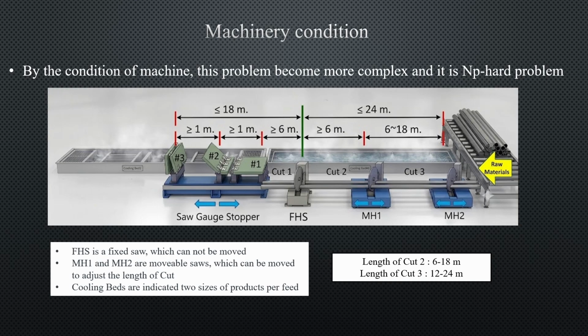Crucially, because the system utilizes two cooling beds to lower product temperature post-cutting, each feed can accommodate a maximum of only two distinct product sizes.